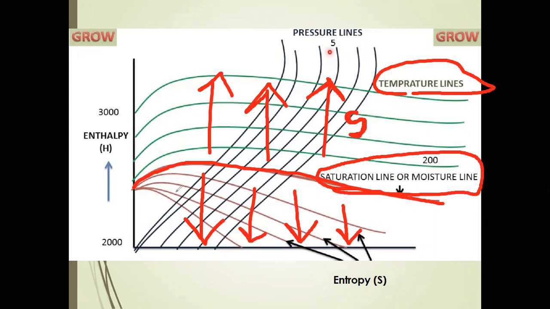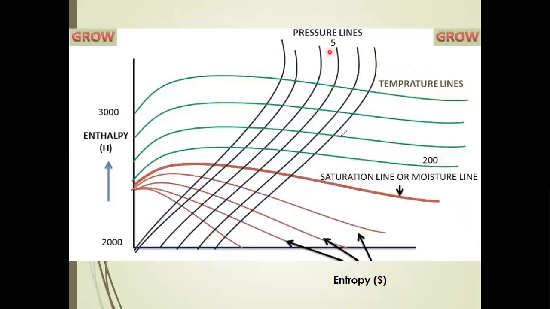So below it is the wet steam region, and above the dry steam line is the superheated steam region. So there are basically two regions. One is the superheated steam region above the dry steam line, and below the dry steam line is the wet steam region. So we have already identified the three steam states: wet steam, then the dry steam line, then the superheated steam region.